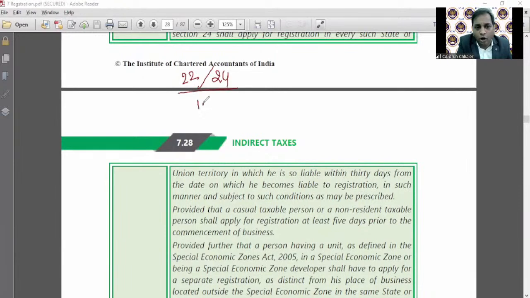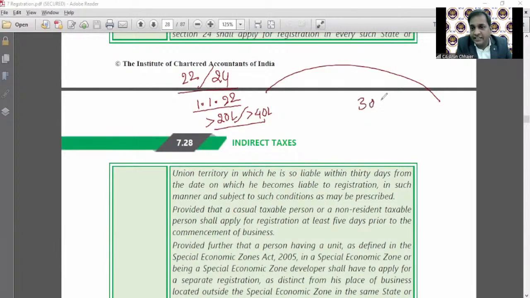Let's say on 1/1/2022, my turnover exceeded 20 lakh, 40 lakh, or 10 lakh, whatever the case may be. So within 30 days, I need to make an application.